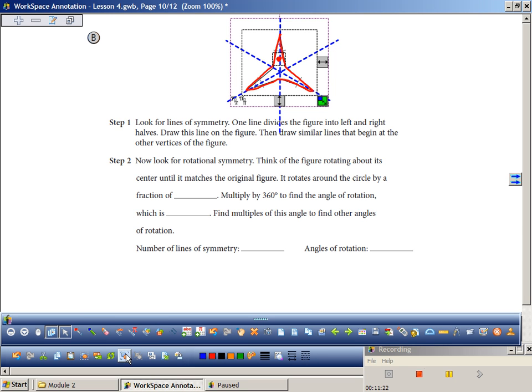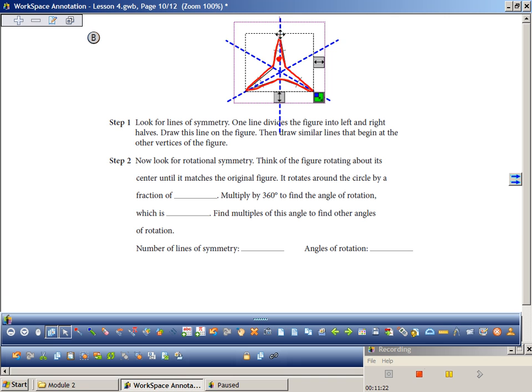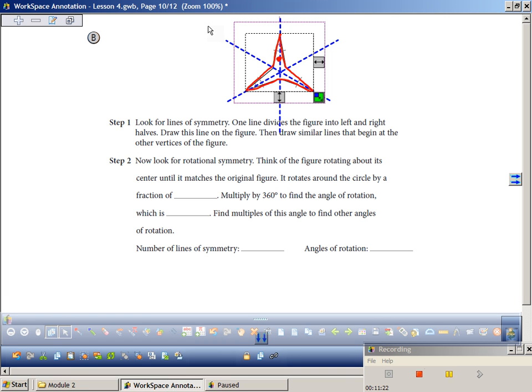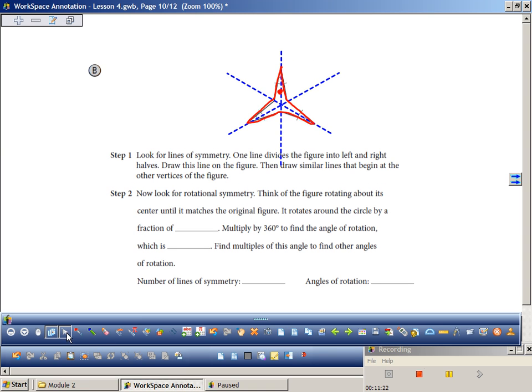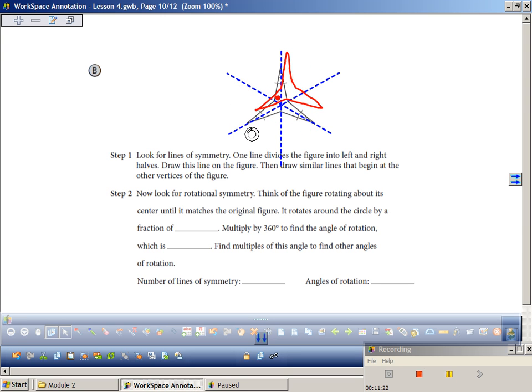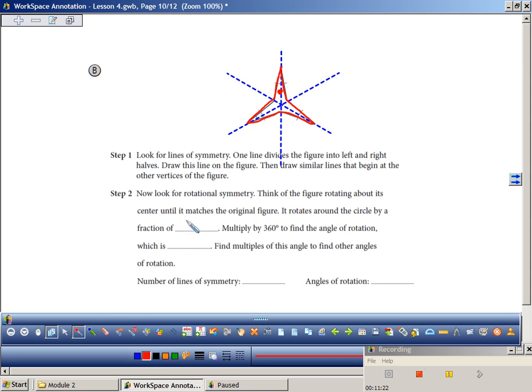I can still work with that. All right, so we're going to rotate it. Uh-oh. There we go. It's rotating. Oh, that's horrible. Oh, my goodness. Perfect. Horrible. Perfect. All right.